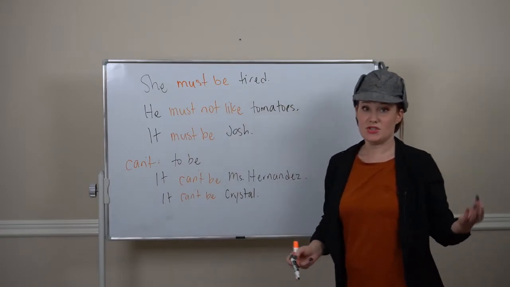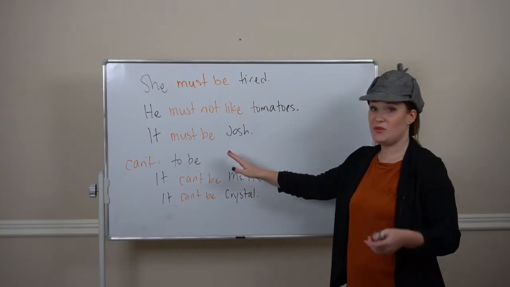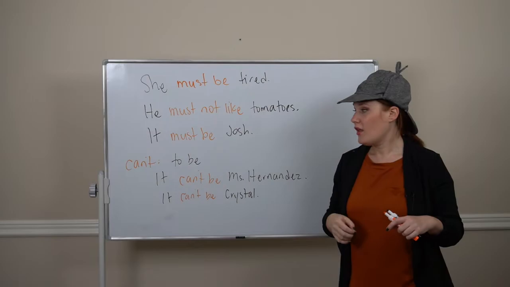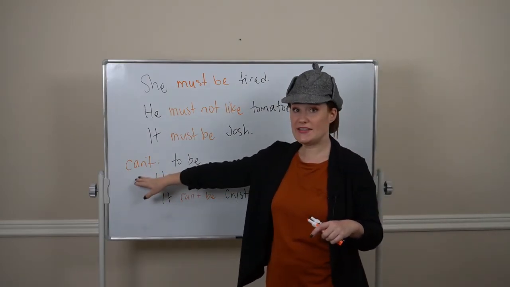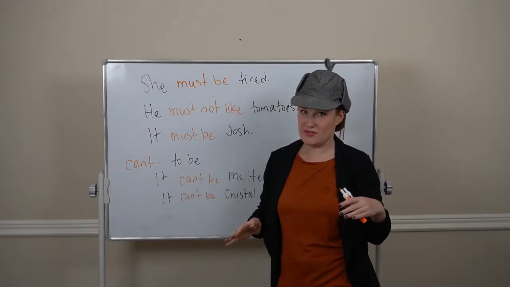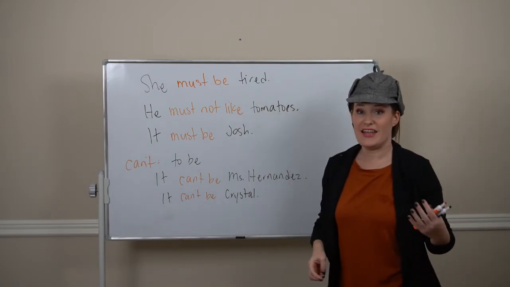It must be Josh. When we do must not, it can be to be or any other verb. Must not like, must not be, they're all fine. So we don't use the positive form here for deduction. Can is not a verb of deduction. So just this negative form can be used for that negative idea.